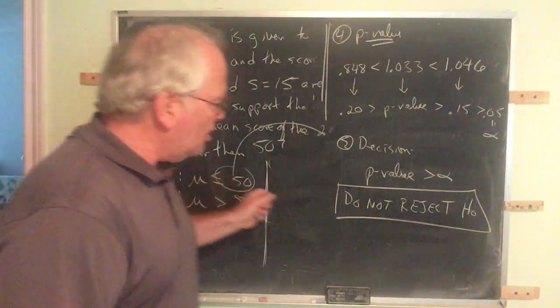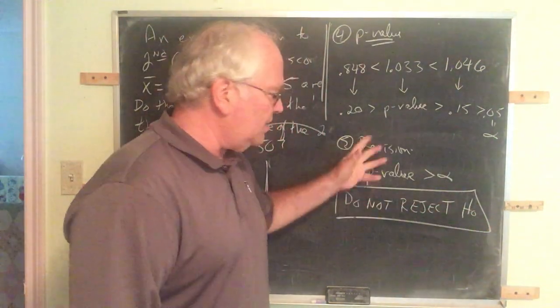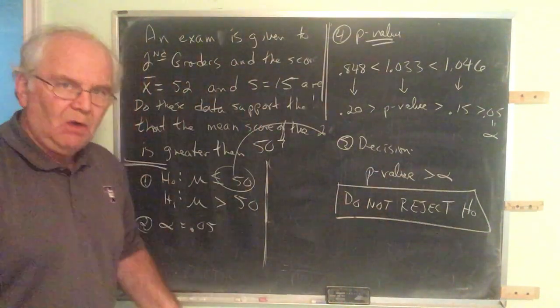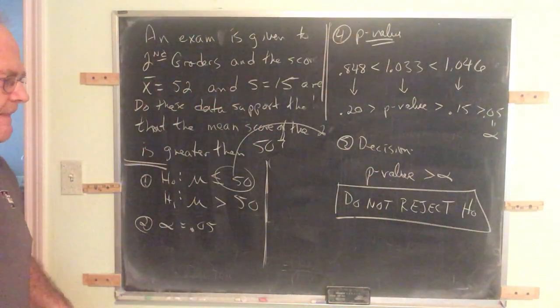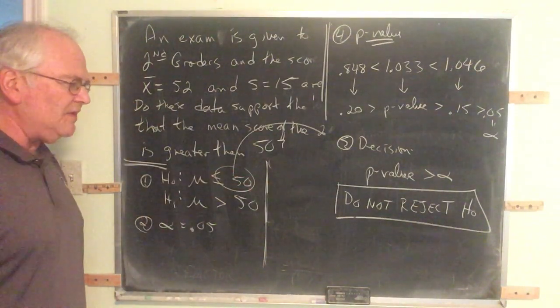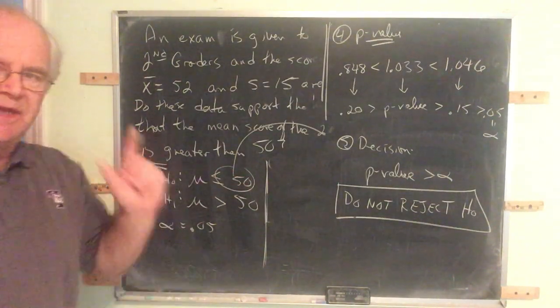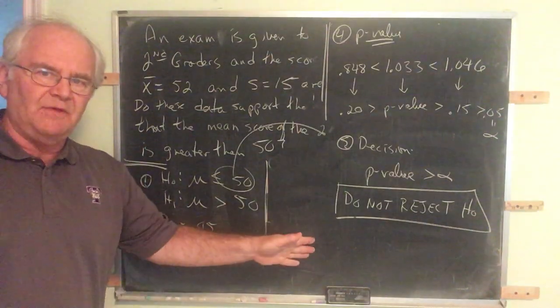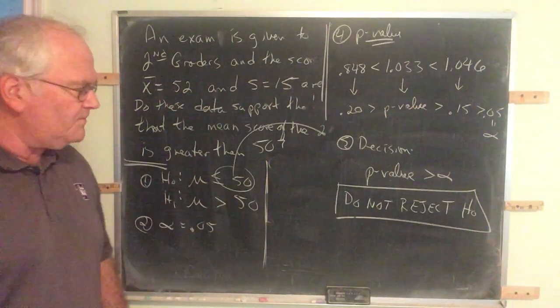If you ever put H sub 1 in your decision, that is wrong, wrong, wrong. The decision always references the null hypothesis. And there are two choices and two choices only, and anything other than these is right out.